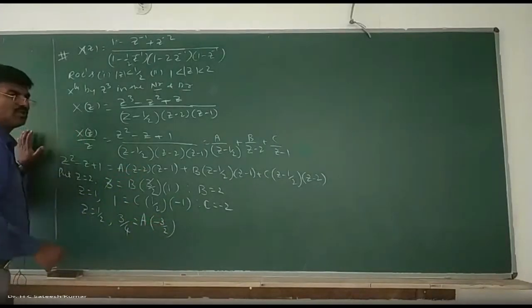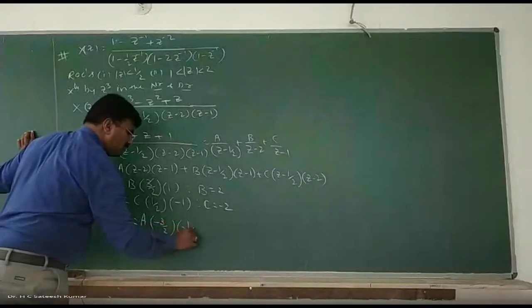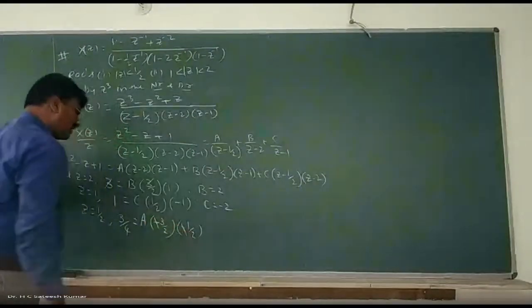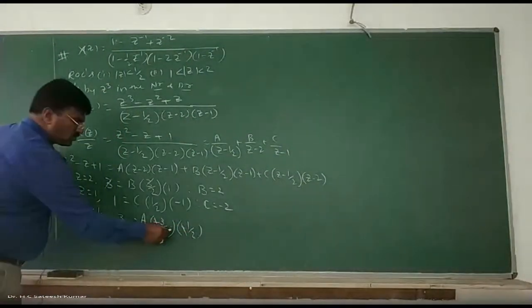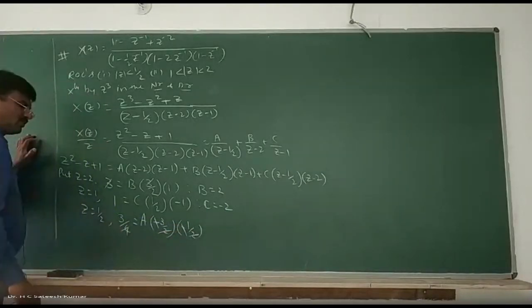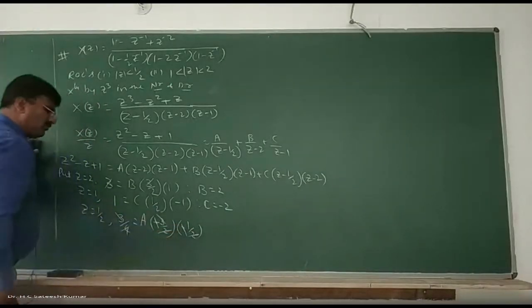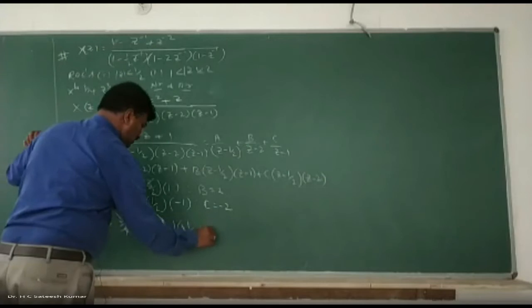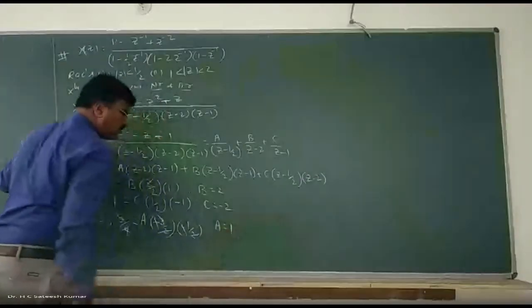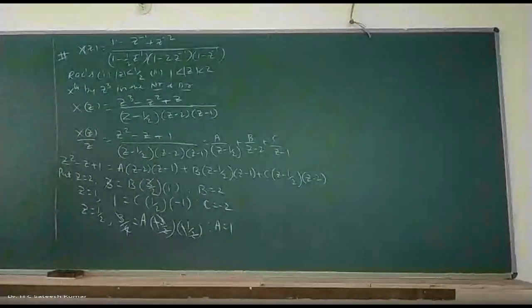Half minus 1 is minus half. Minus into minus plus gets cancelled. This 2 into 2, 4 gets cancelled with 4. 3 gets cancelled. Then what will you get? A is equal to 1. Okay, right? That's how we should do the partial fractions.